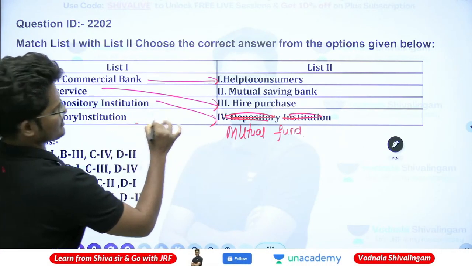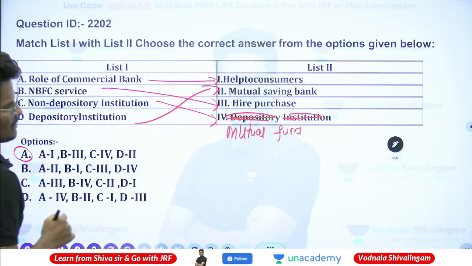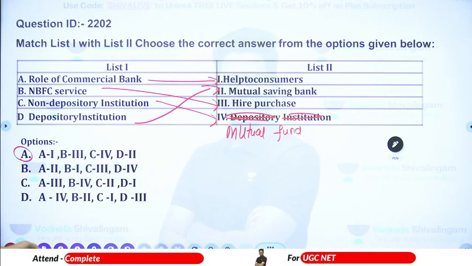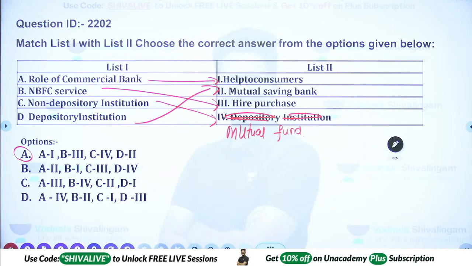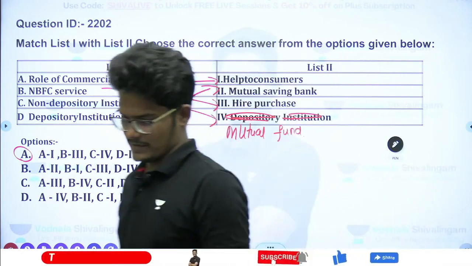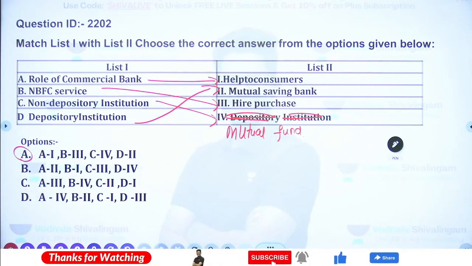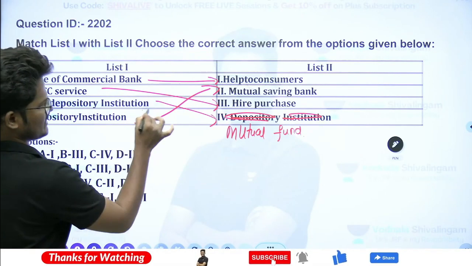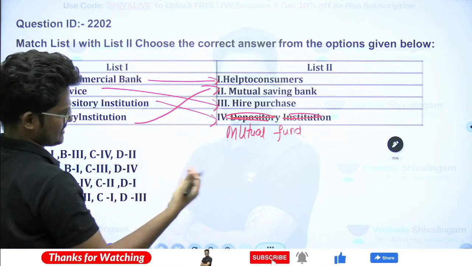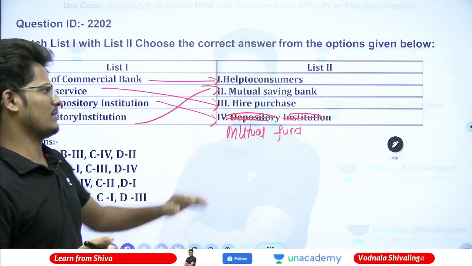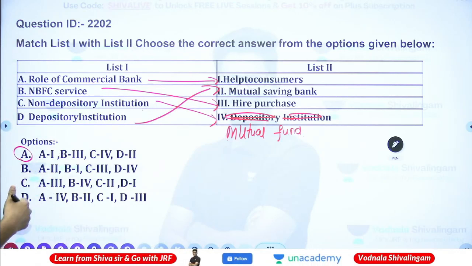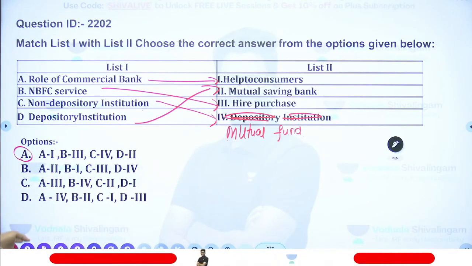Depository institution is a mutual saving bank. Correct, so the answer is the first one. Sorry, there was a typo error because of which the confusion was created. Non-depository means mutual fund. A mutual fund is not a depository. It is taking only investment and investing somewhere. A depository institution is a mutual saving bank, where everybody goes and deposits, like our saving accounts.